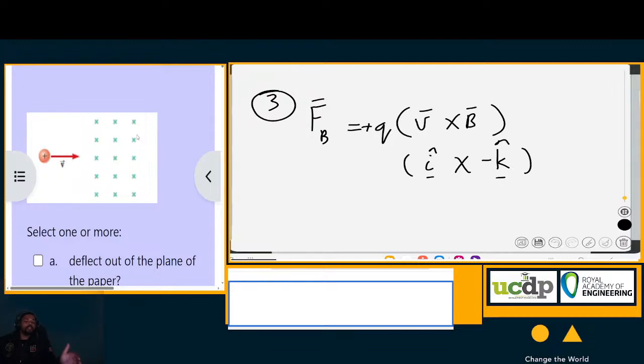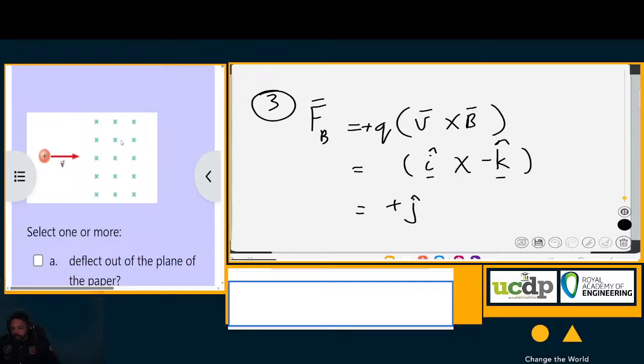Curl your fingers in the direction of the magnetic field. Your thumb should then point in the direction of the force. So i crossed with negative k should be in the positive j hat direction. Okay, so the magnetic force would be upwards according to the right hand rule. So it will be in the positive j hat direction, the magnetic force.